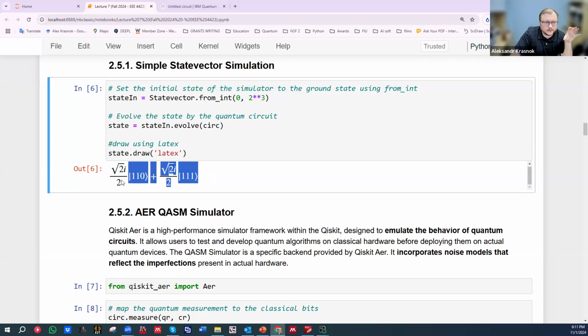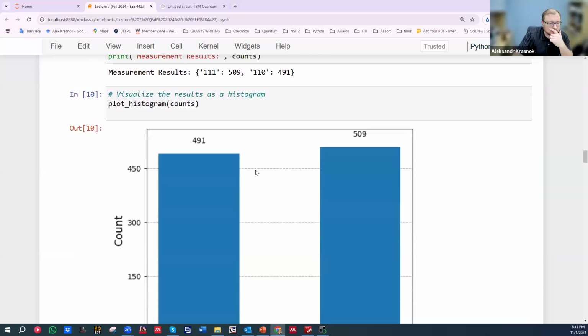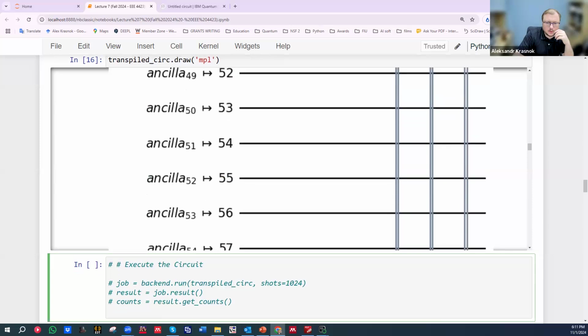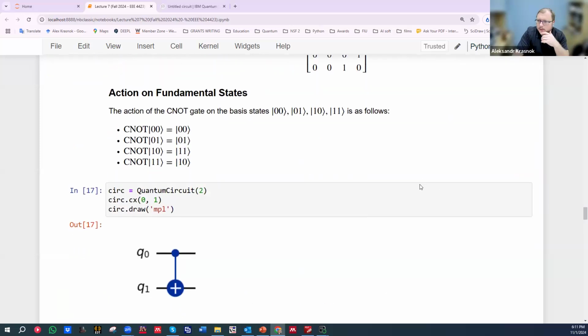You can represent this state as a product of one qubit state and another, so it's a separable state. It's not an entangled state. The Bell state is non-separable and entangled.